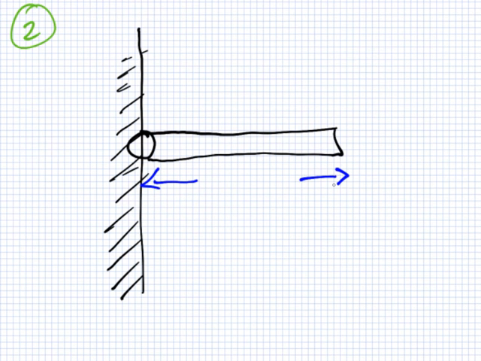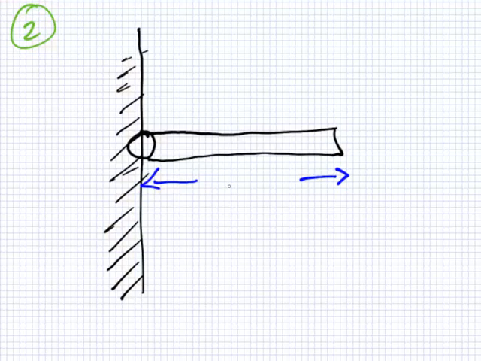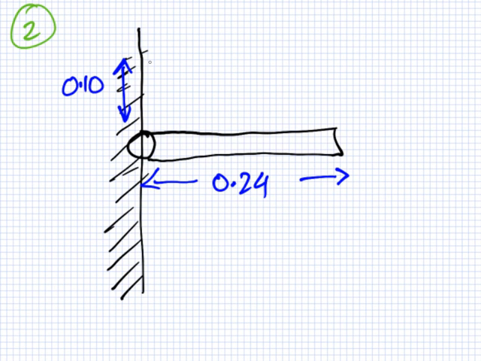This distance here, what did I say it was? 24. And this distance here is 10. Should I change to meters? Later you can. Wait, you didn't change it for the whole question? Yes. Problem. And this distance here is 0.26.